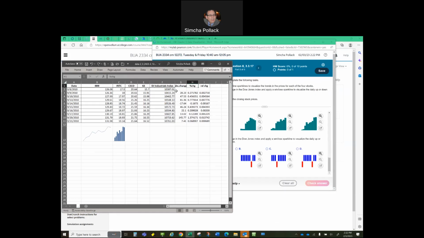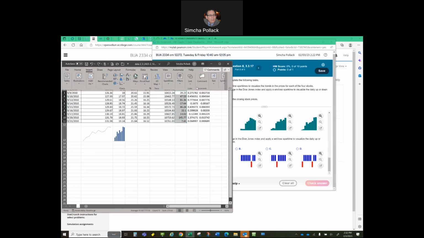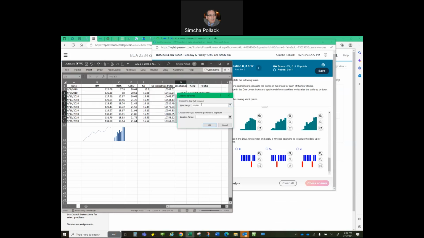Now let's try this one. We're going to take this data here, go into insert, sparklines. This time it will be the win-loss. We have the data highlighted. We can put the answer here.